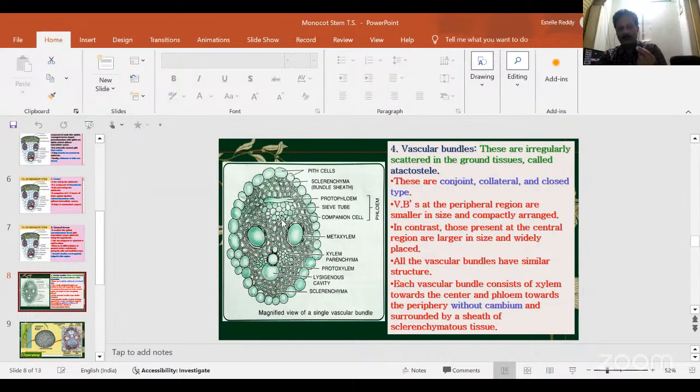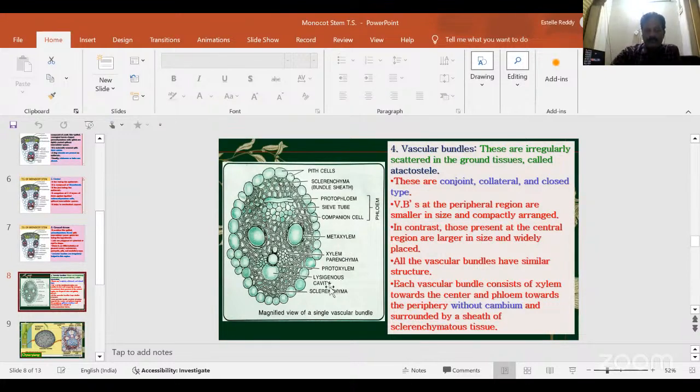But in monocot stem, such vascular cambium is absent. That's why these vascular bundles are described as closed type. So the presence of atactostele is the main feature of monocot stem. And the vascular bundles are conjoined, collateral, closed type.